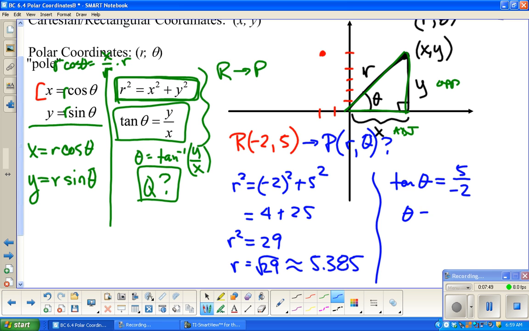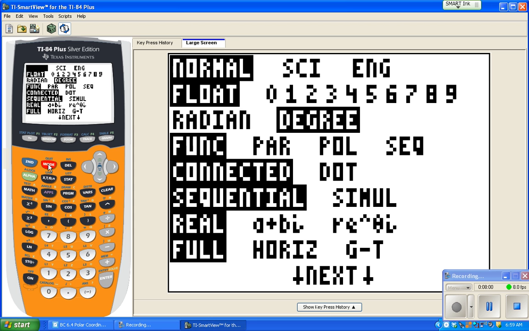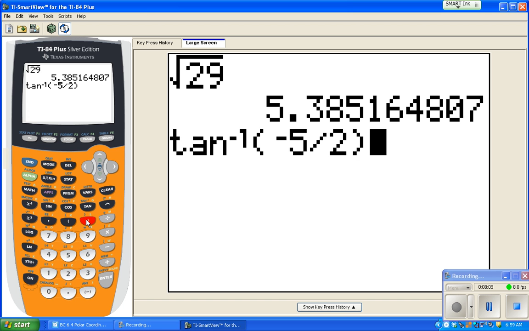So I'm going to do inverse tangent of -5/2, and I'll do that in degrees. You could do 5 over -2, it wouldn't matter.